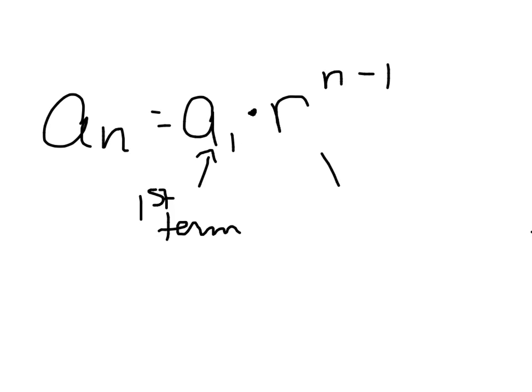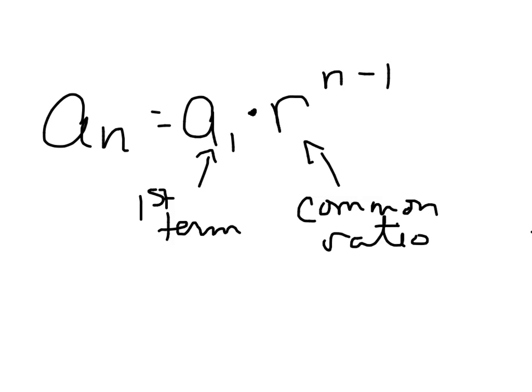First term. And the R stands for the common ratio. So for the last one that we just did, the common ratio, or the R, would be 1/4. You can't say dividing by 4 in here because it just won't work with the way the formula is written. That's why when we say divide by 4, we're actually saying multiply by a fourth. Same thing, but just a little bit different way in the notation.